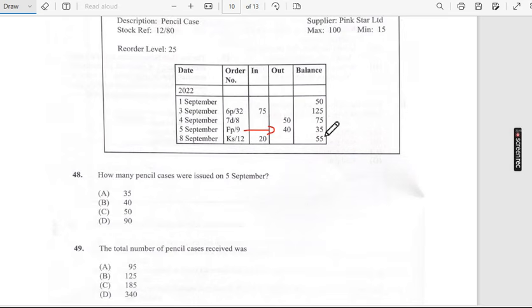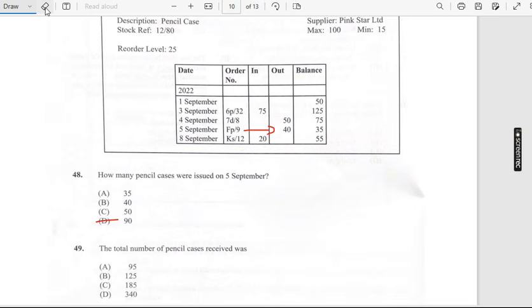So, let's see on this one. This one would be 75 minus 35, 60. This one would be, let me see, 90. 90, guys. Alright. Let me see. We have out, we have in, we have balance. 35.